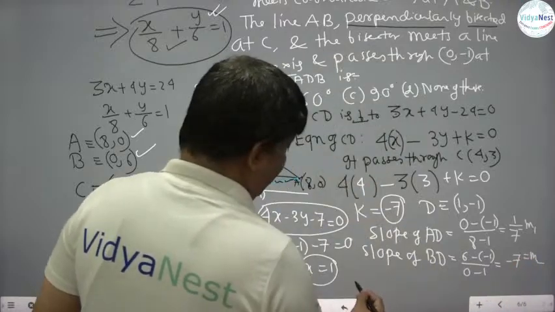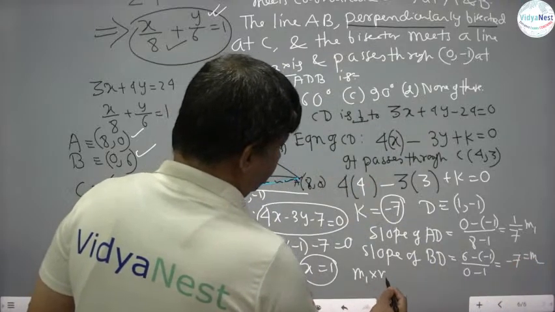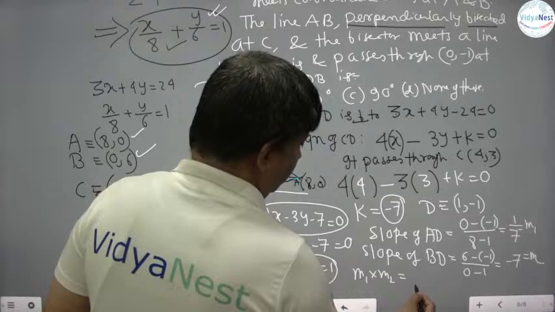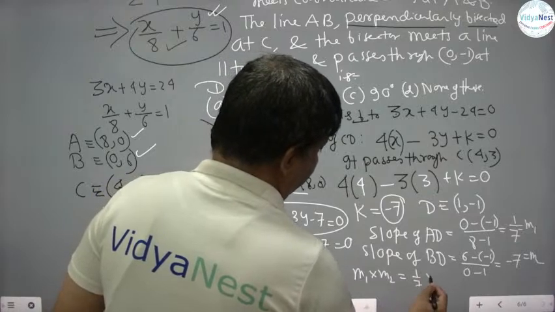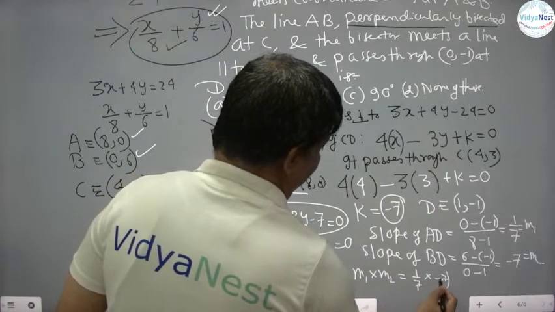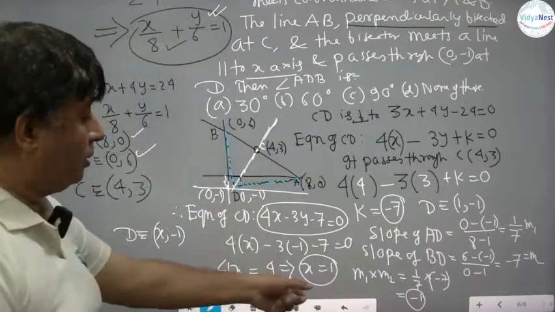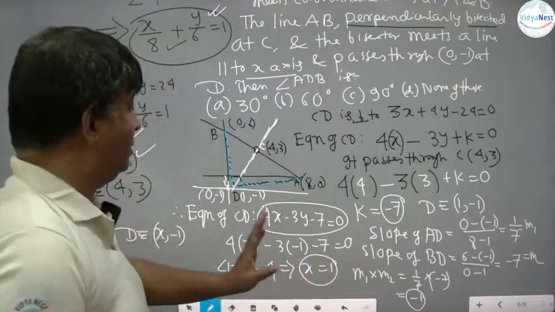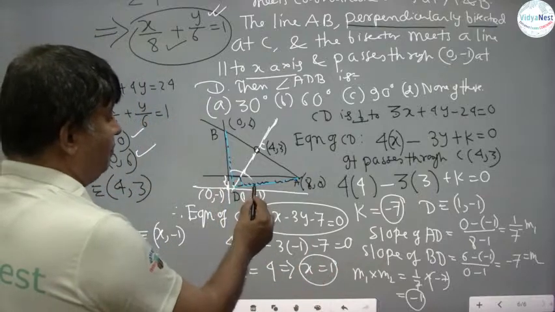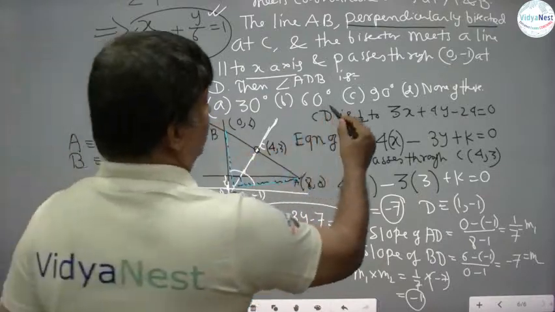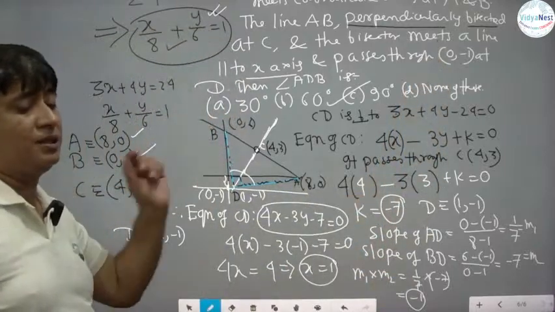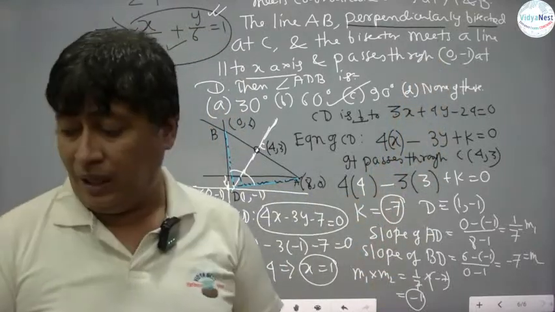What is the product? 1 by 7 into minus 7 is minus 1. Once you get that the product of the two slopes is minus 1, then what would be the angle between them? 90 degrees, we are already taught. See how good the sum is.